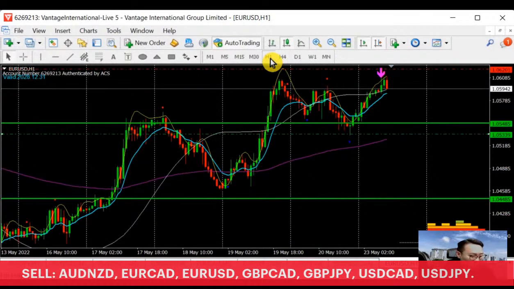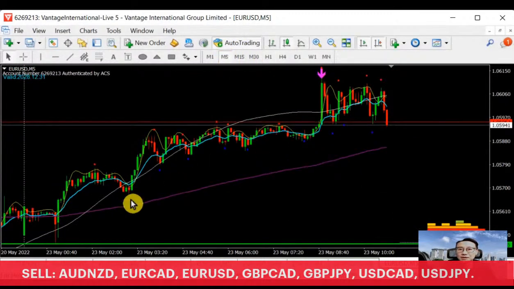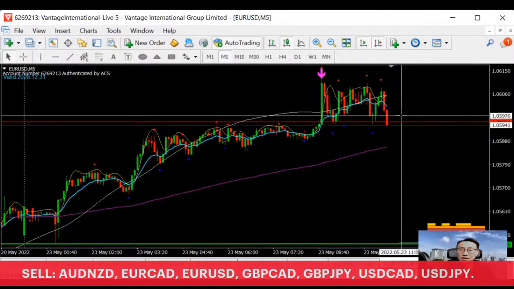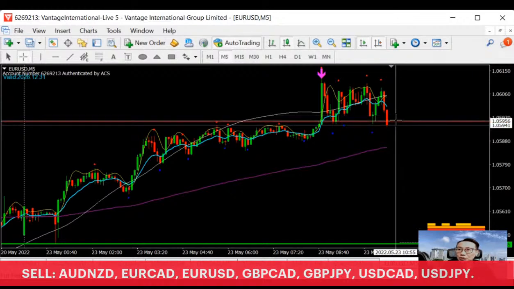Okay, euro dollar, this is something we can pay attention to. Actually, it's building up a higher support, respecting the support level, moving upwards. Coming down to a lower time frame here, right here we are experiencing the support area.